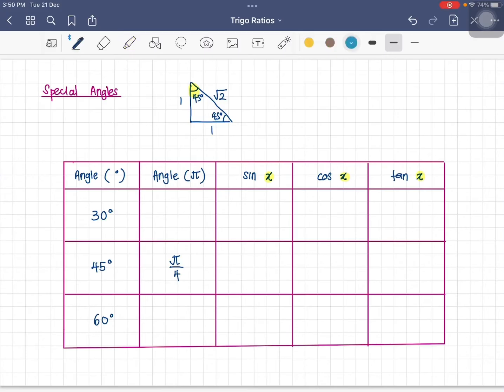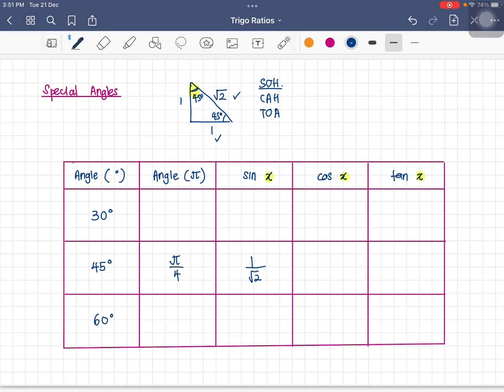Right, so to find the sine, cos and tangent of x is not difficult for this one. So you will easily obtain, you know that SOH, CAH, and TOA, right? So SOH means sine of 45 is opposite over hypotenuse, so 1 over square root of 2.